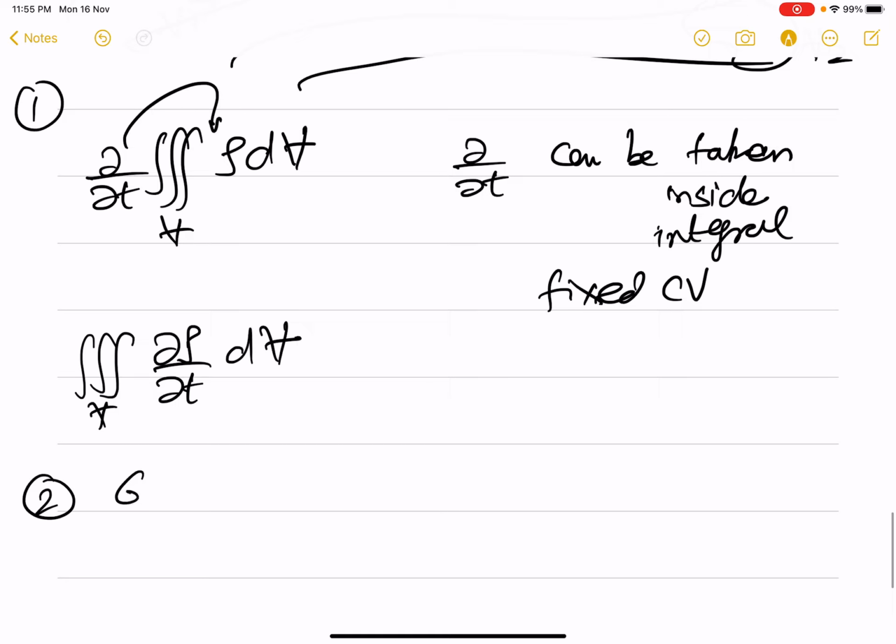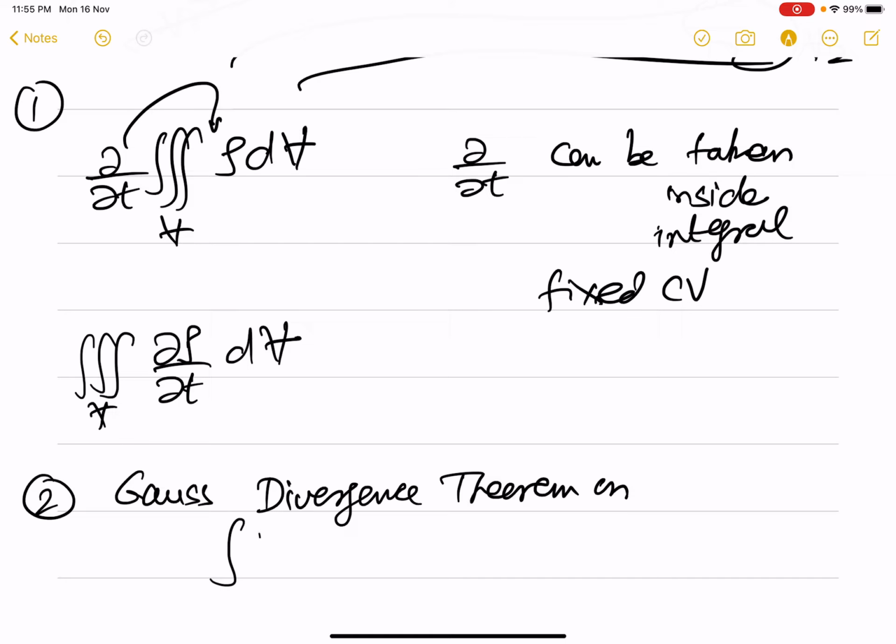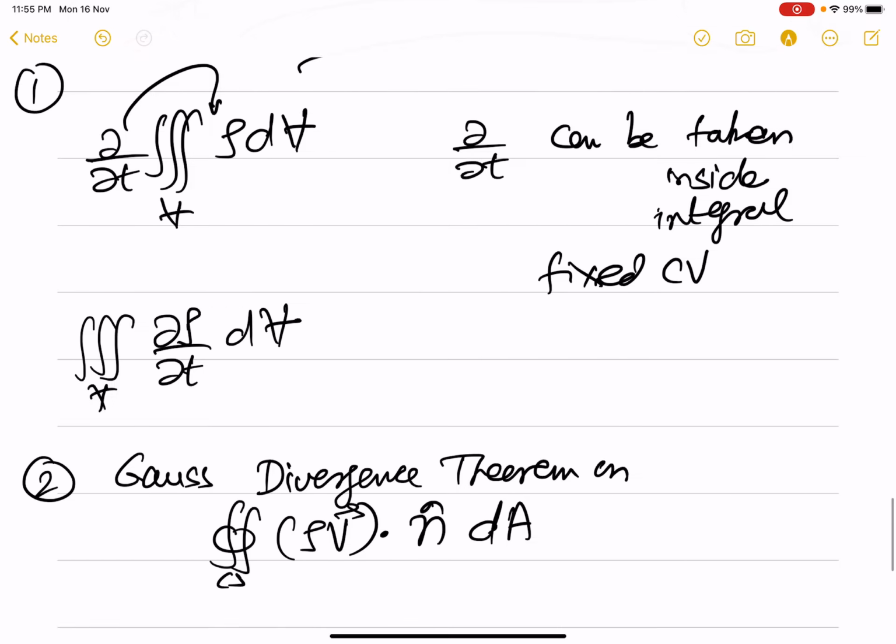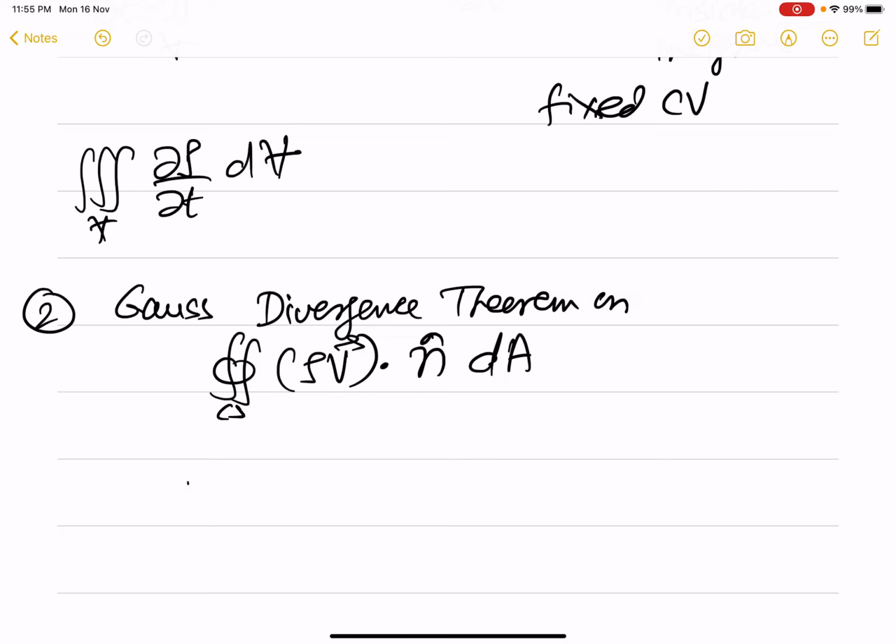Operation number 2, we use Gauss divergence theorem on rho v dotted with n dA, and this will give me, this is equal to the volume integral of divergence of whatever comes which is dotted with the normal.